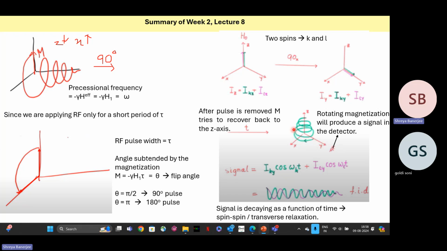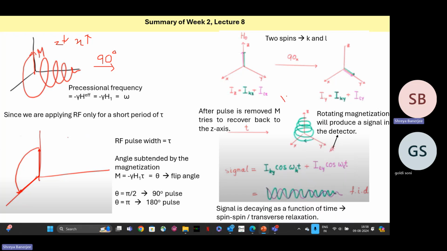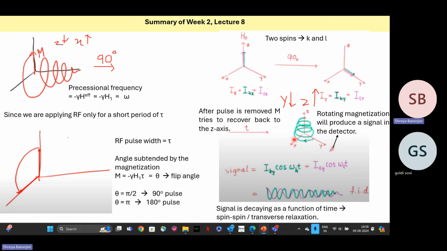Then slowly, after the pulse is switched off, the y component is reducing and the z component is increasing. You can see that is what is happening here. The y component is slowly reducing and the z component is increasing till you again regain your original magnetization completely along the z direction.